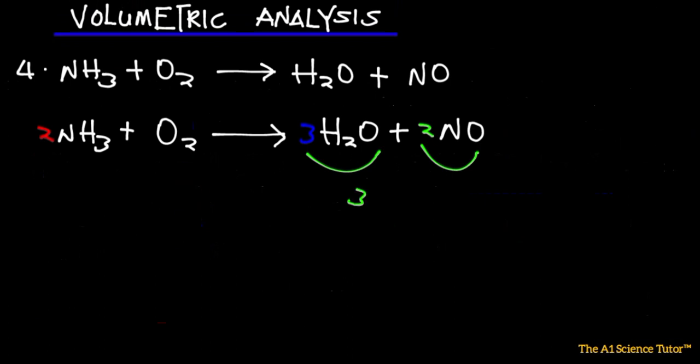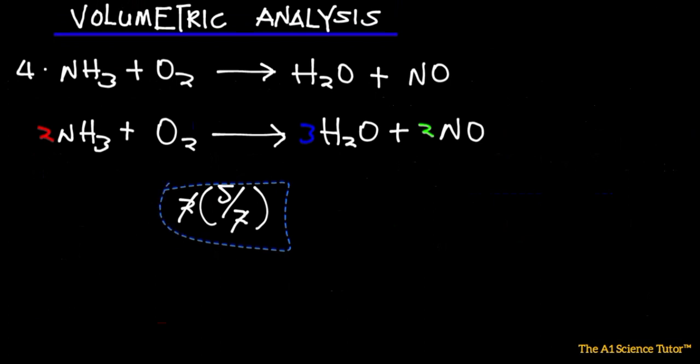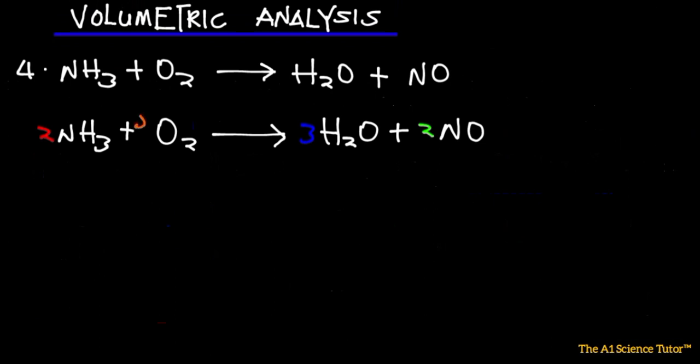So that is 3 plus 2, which gives us 5. So we need to create 5 on this side. There is already 2. So if we take 2, multiply by 5 halves, this cancels out. So here we should actually have the 5 halves.